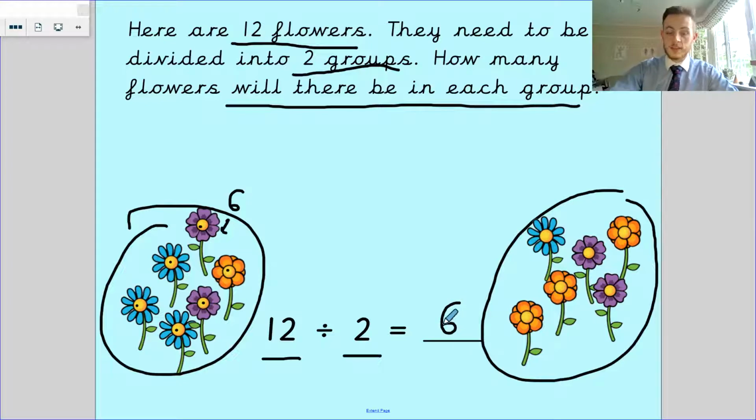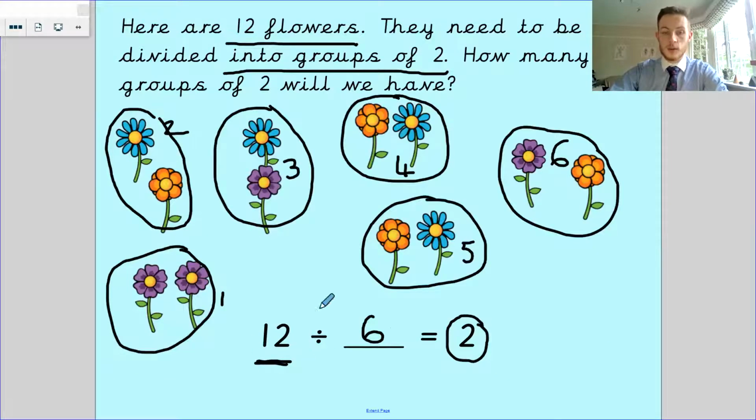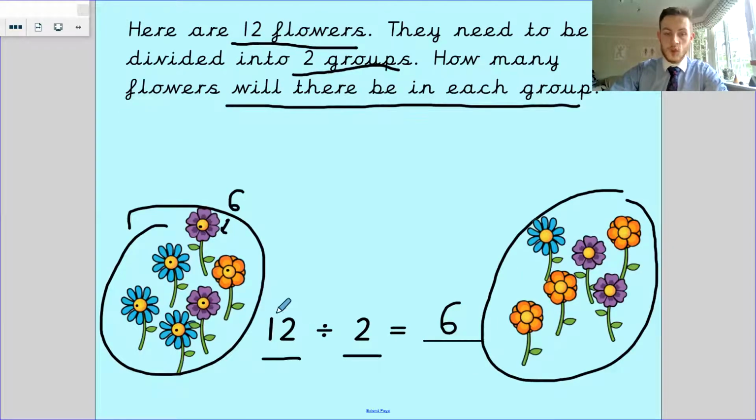There are 6. Just like the other one with the children, you can see that from the last question, we had 12 at the start, and we split them into groups of 2, and there were 6 groups. Now we had 12 at the start, we made them into 2 different groups, and there are 6 in each group.